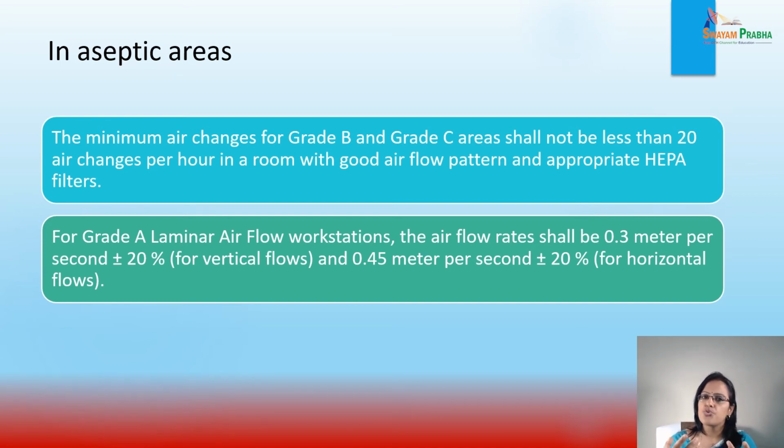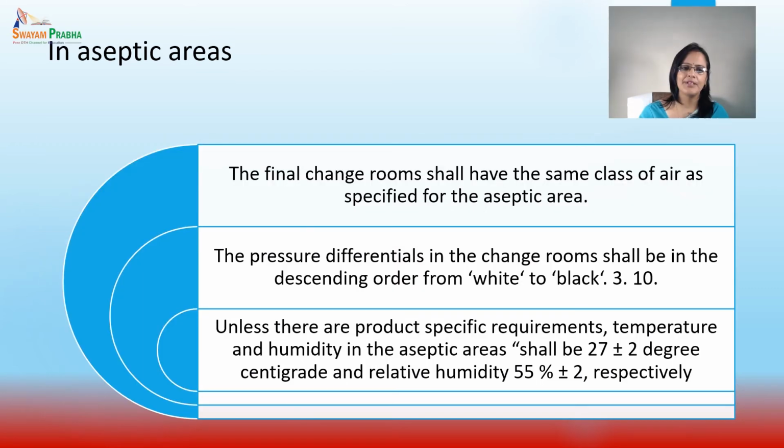Okay, so suitable manometers or gauges shall be installed to measure and verify the pressure differential. The next and the last point in this category is the final change room shall have the same class of air specified for the specific area.